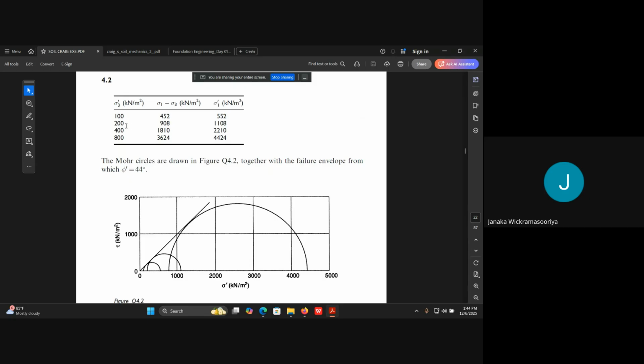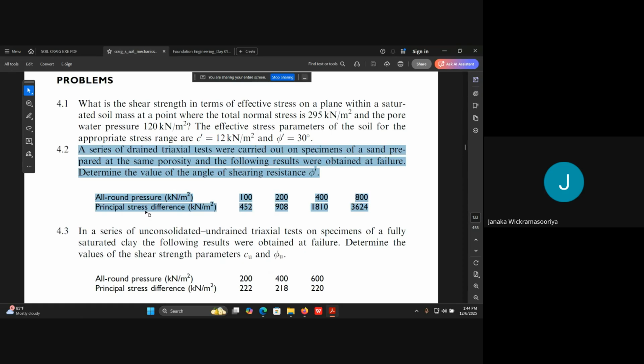Sigma 3 value is given. This difference is the principal stress difference, meaning the difference between the cell pressure and the vertical stress. Cell pressure acts horizontally, and the normal stress or the vertical stress is acting from the top.